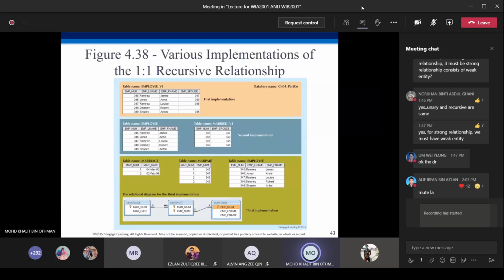To solve the problem, the solution is the third implementation, where you split two tables into three tables: marriage table, marriage part table, and employee table.